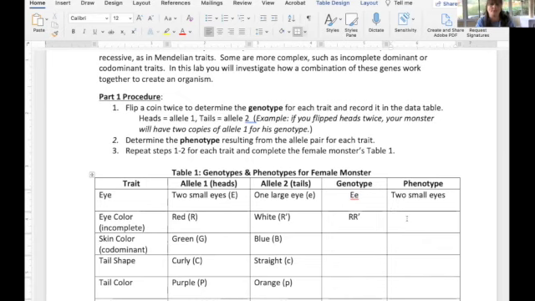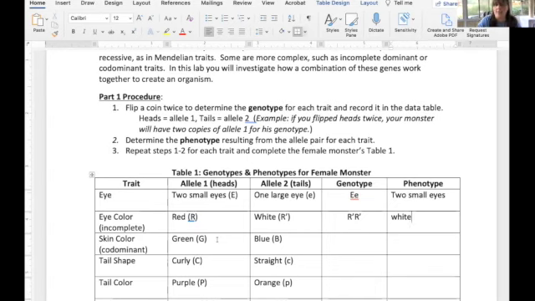If I mix them together, that would be pink. If I had done 2 tails, then I would have said white. Okay. So alleles, this is the phenotype, and the genotype is in parentheses.